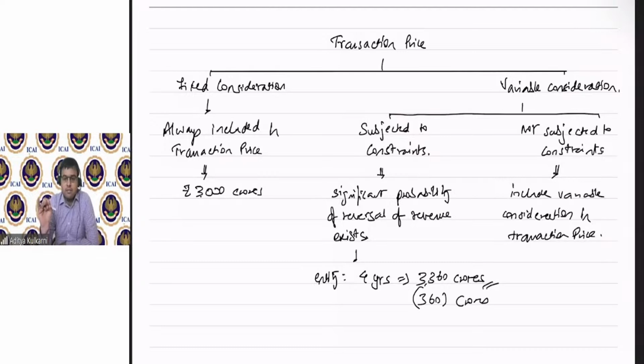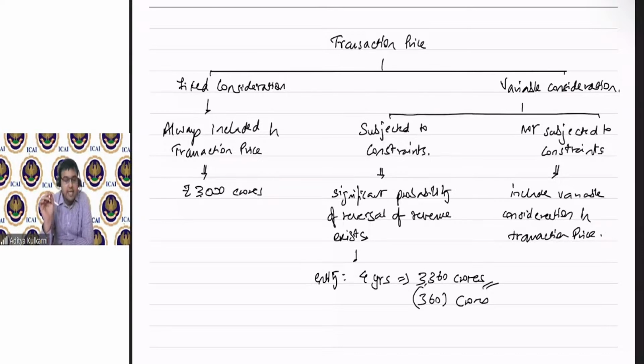Revenue reversals are extremely suspicious. It's not nice to have a negative revenue in your profit and loss account. It's not right. It should not be the case either. And therefore, if my variable consideration is subjected to constraints, it means only one thing. There is a significant probability that the revenue which you recognize today could end up getting reversed in the future.